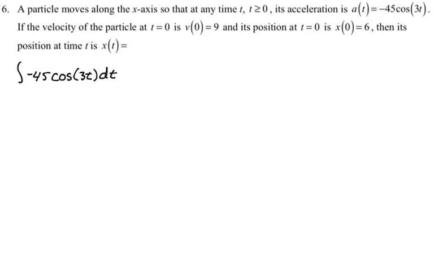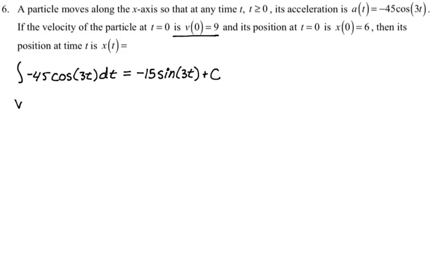dt. All right, so in my mind, I'm thinking like u is 3t, so there should be a 1/3. Negative 45 divided by 3 is negative 15, and then the antiderivative of cosine is sine, 3t, plus c. Now we need to solve for c. So I did a U-substitution there, but I usually just do those in my head because when you're getting ready for the AP exam, those kinds of substitutions should be pretty quick.